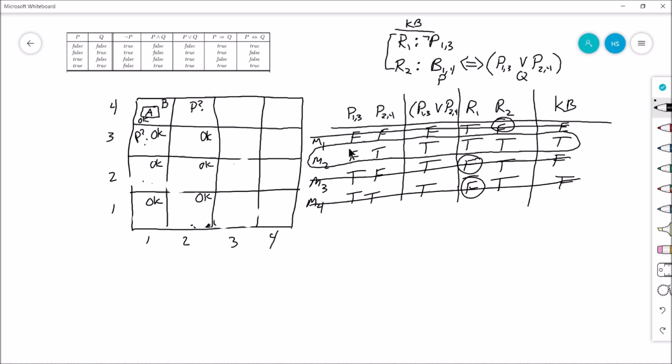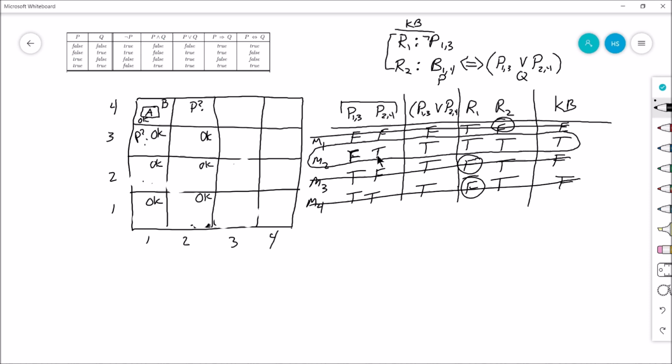Now, let's take a look at the configuration of the truth values for the pits, right? So here, there is no pit in 1-3, right? That right there is false, which holds because we know we passed through that.